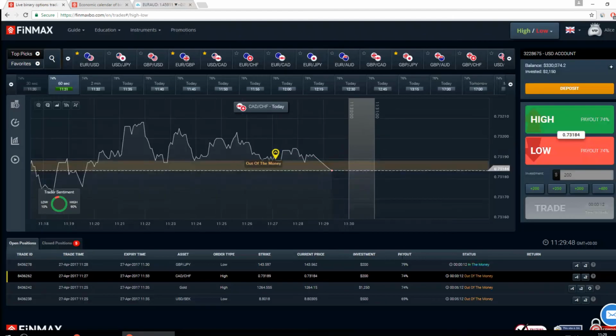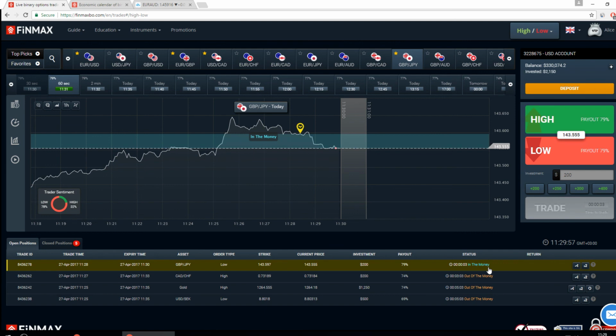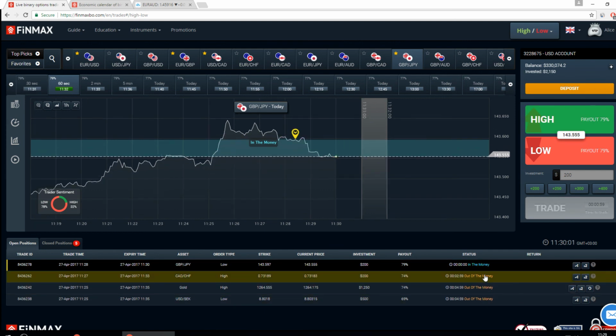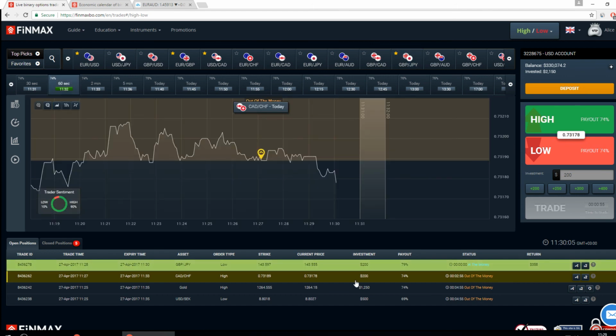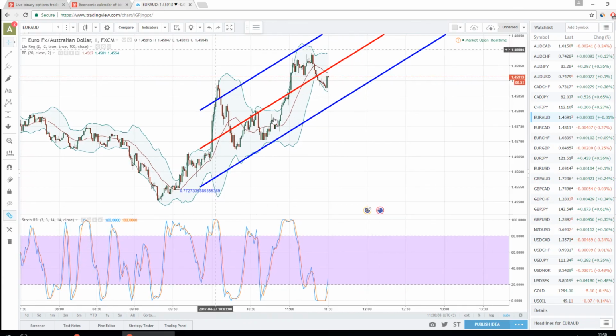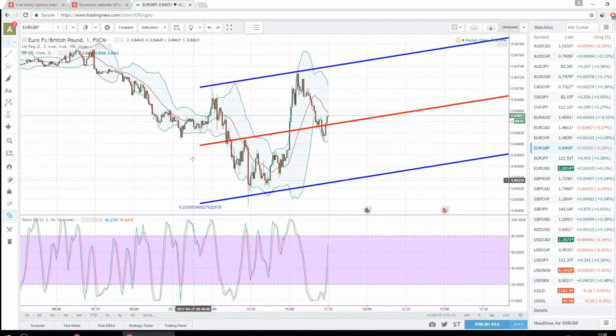Okay, let's see what do we have here. This one is in the money, other 3 are out of the money. So currently 4 trades. Let's wait for these to expire. 3 minutes before the expiry of the next trade, so we still have time to analyze the markets to find another asset to trade with.